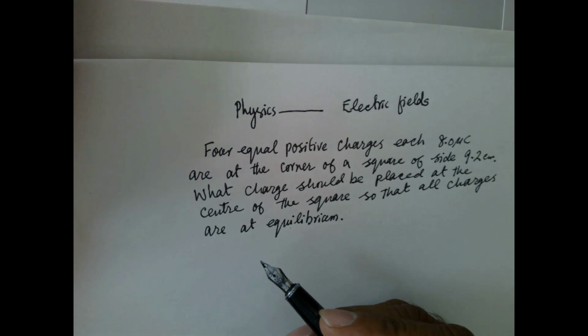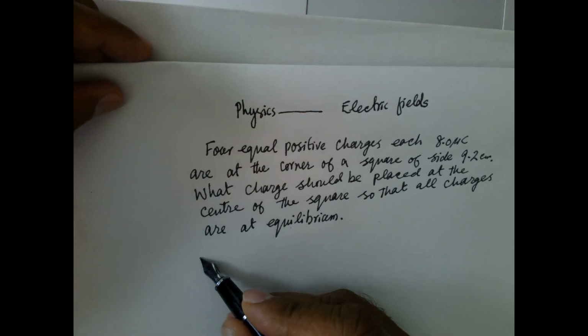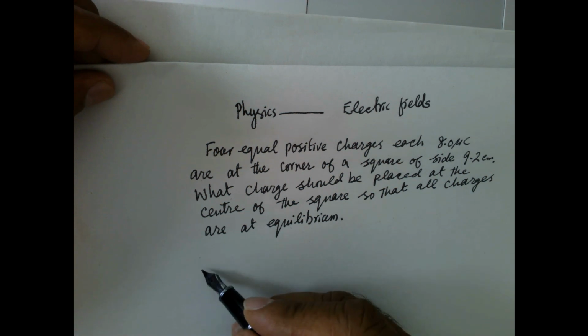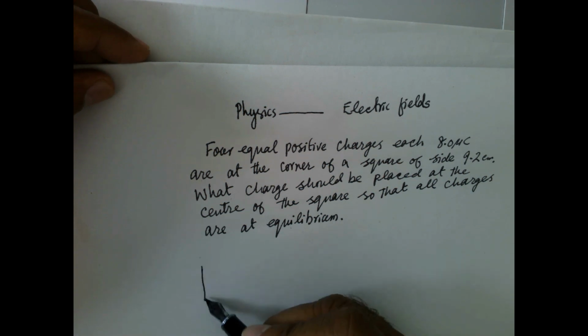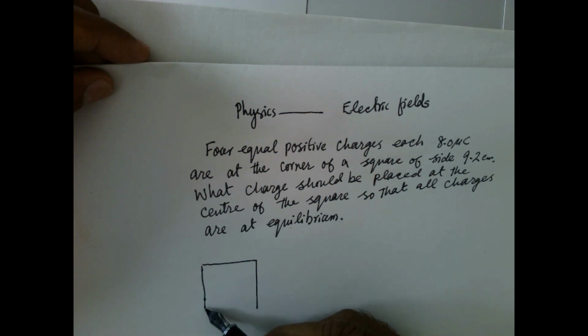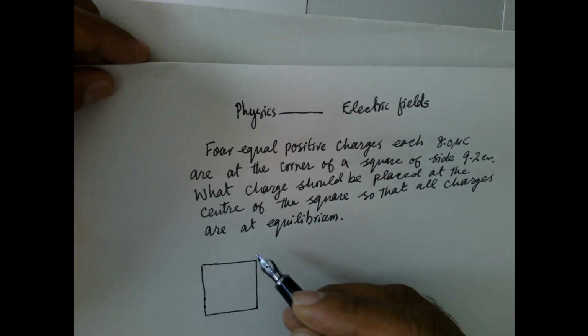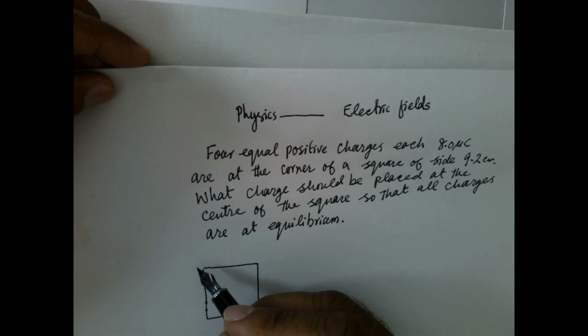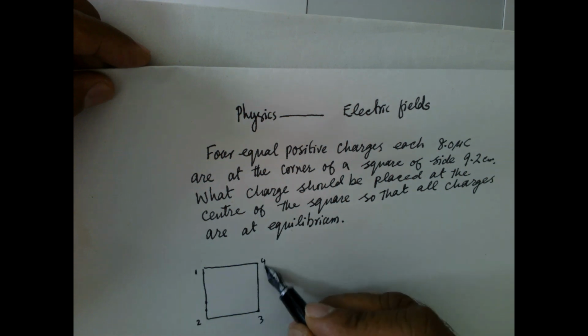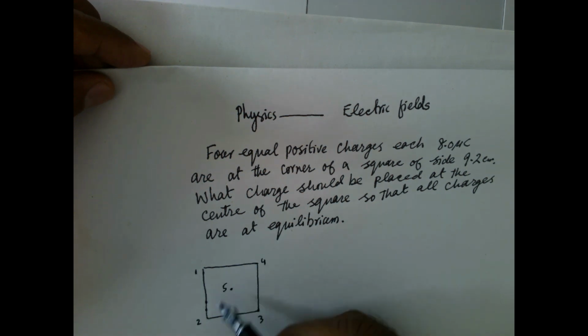So we have charges. This is a square. This is position one, two, three, this is four, and this is the fifth position.